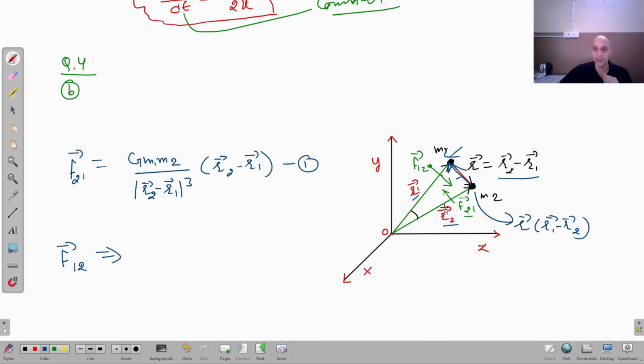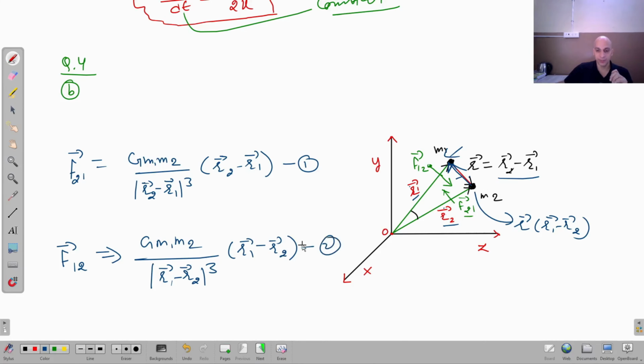This plus this is equal to this, and this is equal to this minus this. So F12 will be equal to G m1 m2 upon magnitude of r1 minus r2 vector cubed into the vector r1 minus r2. This is equation number 2.